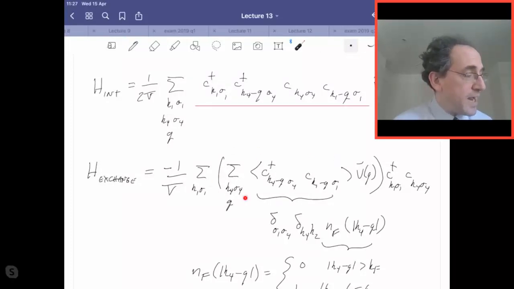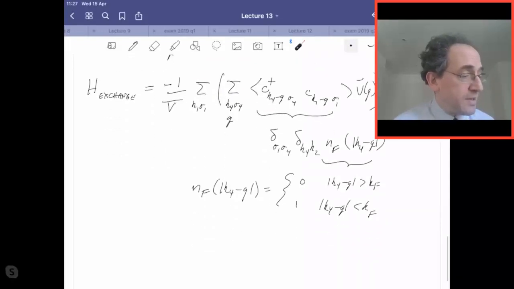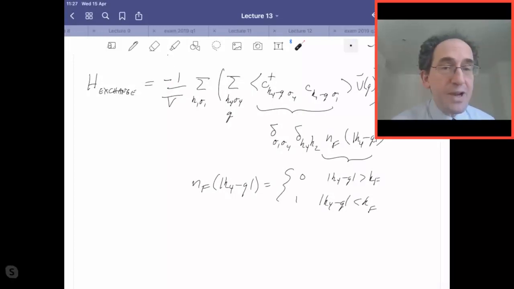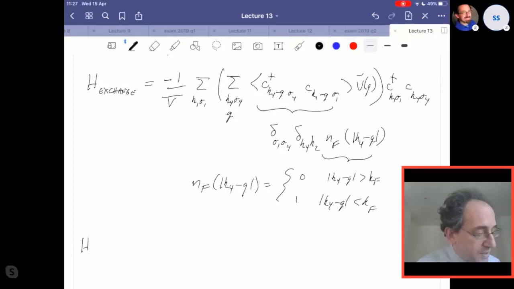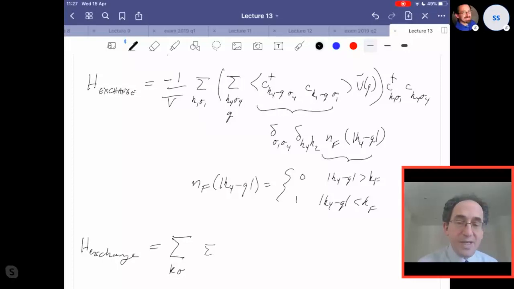is summarized in one object, which is called the self-energy, including the prefactors here. So I'll just rewrite this. I'll try to move myself out of the way. I'm always getting in my own way. So H exchange is a sum over K and sigma, and this is annoying notation, but the self-energy is usually written as a big sigma.